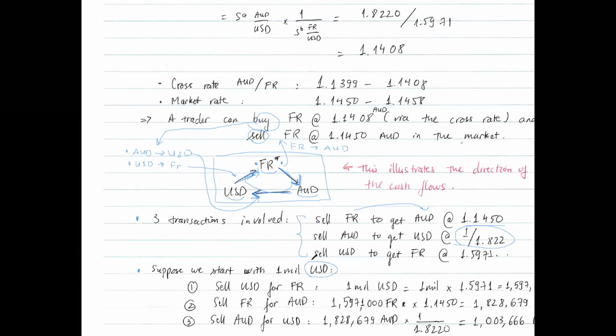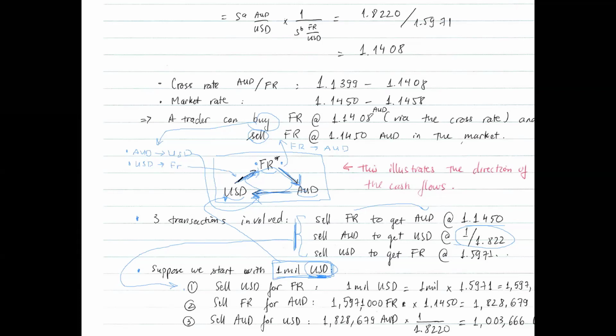I'm just going to rearrange my transactions so that I can start with the USD. If I'm starting with 1 million USD to trade, I'm going to be looking at this direction: from USD to the franc, from the franc to the AUD, and then finally from the AUD to the USD.